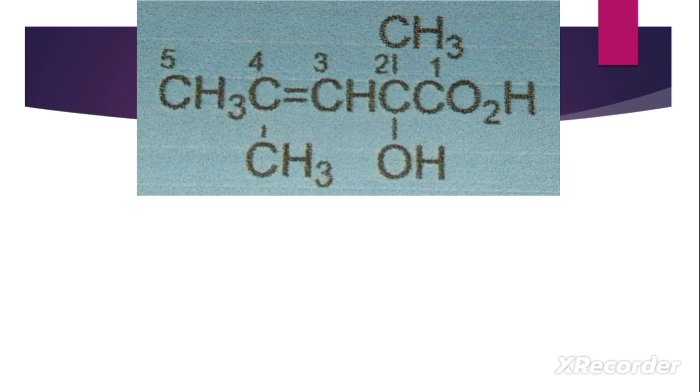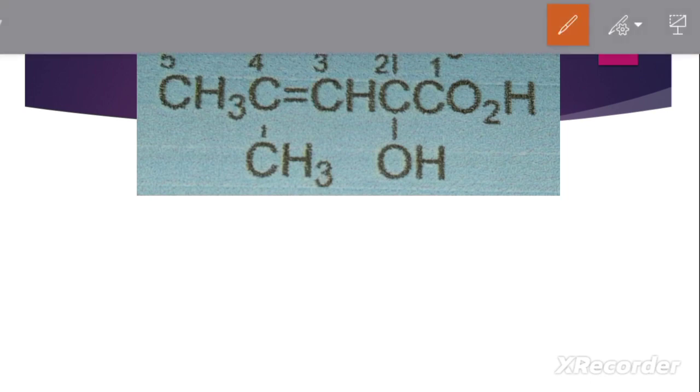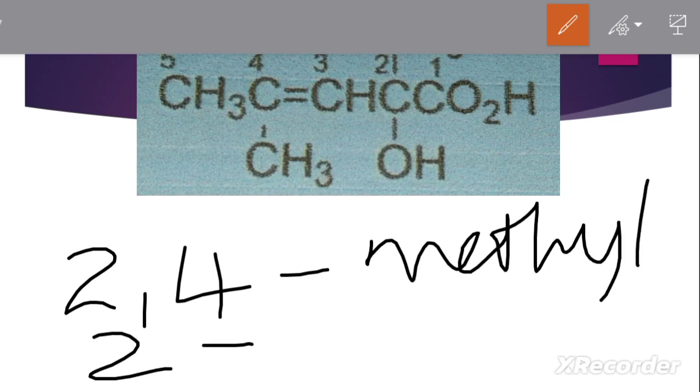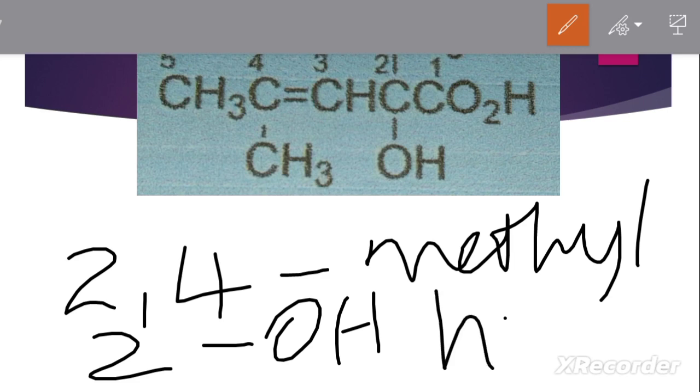And for the fourth carbon, another methyl group is attached. So for 2 and 4, methyl groups are attached. And for the second carbon, an OH group is attached. For the OH group, what is the prefix we are using? Hydroxy.